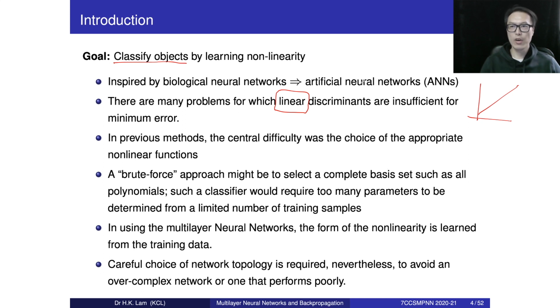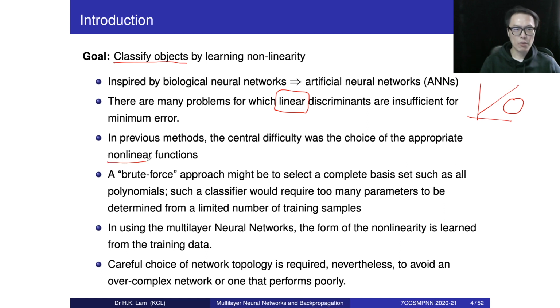That means if we have something nonlinear, for example, if we would like a circular boundary, then this linear discriminant function cannot do it. So the main problem is that we could change this linear discriminant function to a nonlinear function, and then it is alright.